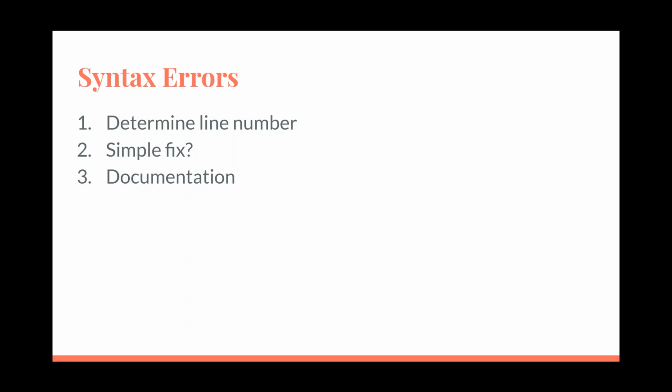The next thing to look at, which will usually be the case, is whether it's a simple error that a simple fix can be applied to. And by simple error, I mean, for example, the stereotypical example, you forgot to put a semicolon at the end of the line.